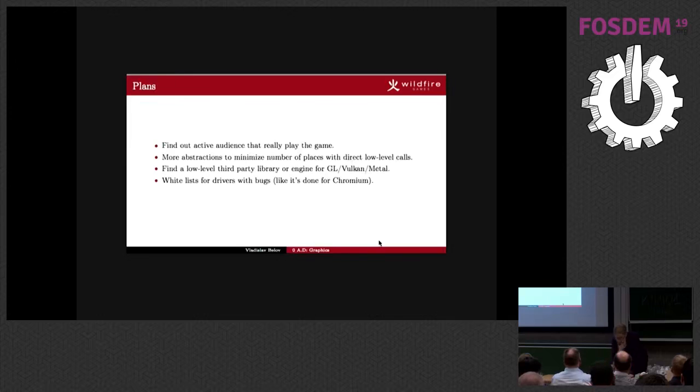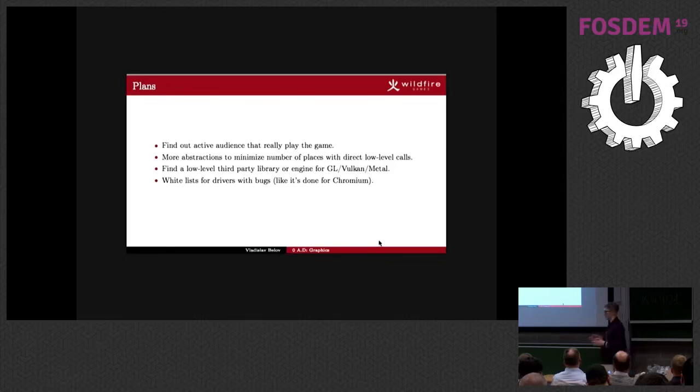So, what do we plan to do with the current situation? We have a feedback server, so we have some kind of statistics about our game, about our players, and we need to understand what audience we have. Can we really drop OpenGL 1? Because sometimes they are not real players.